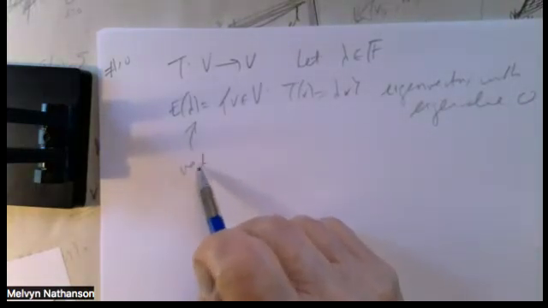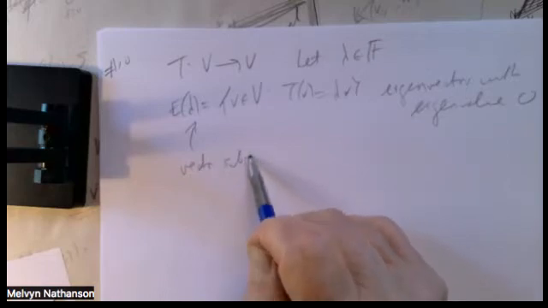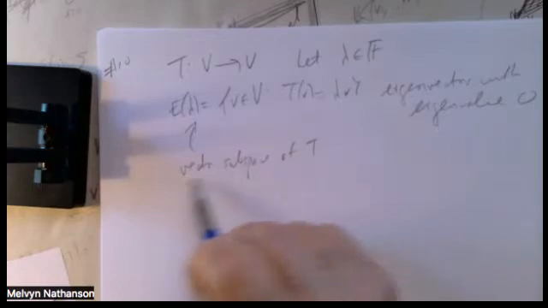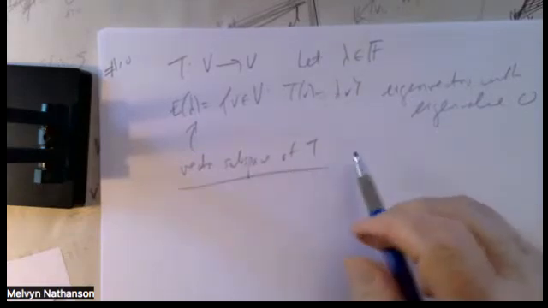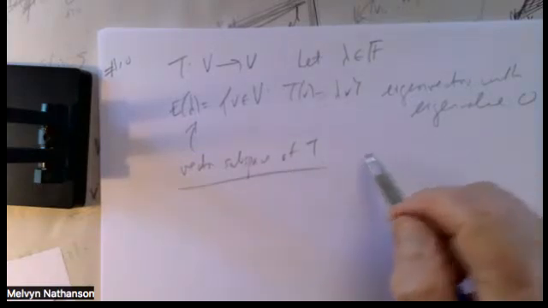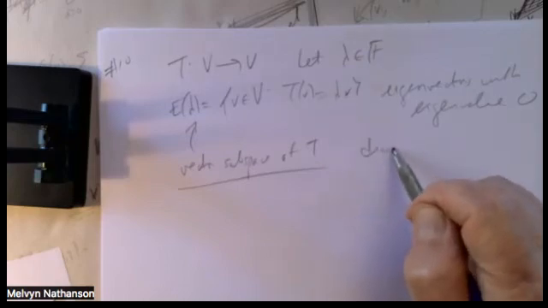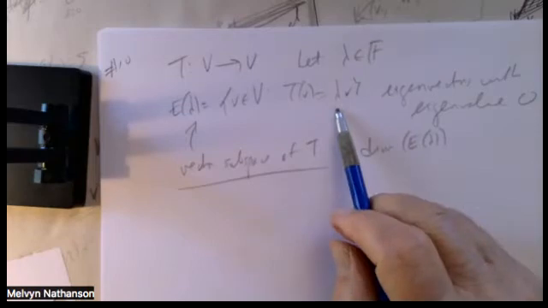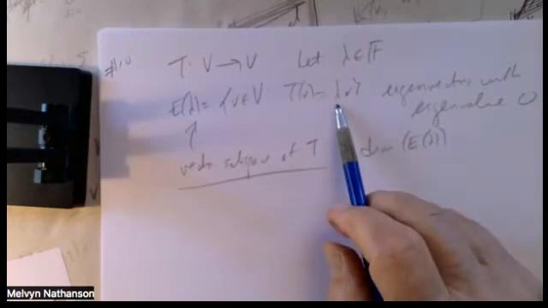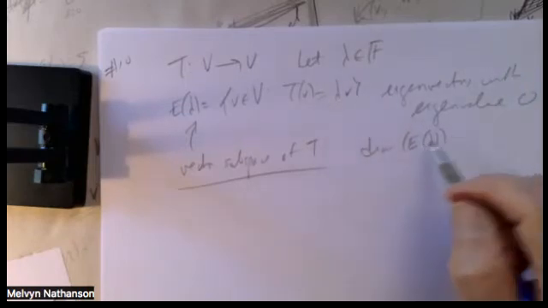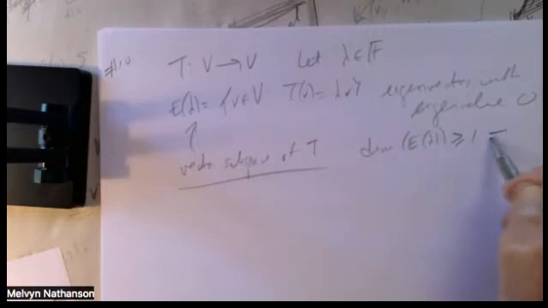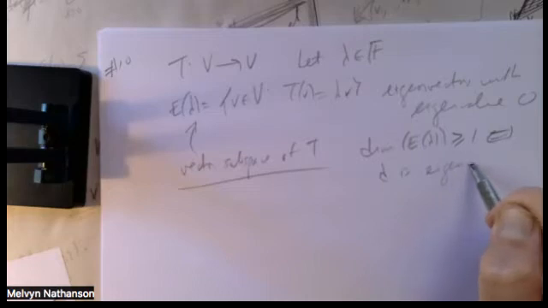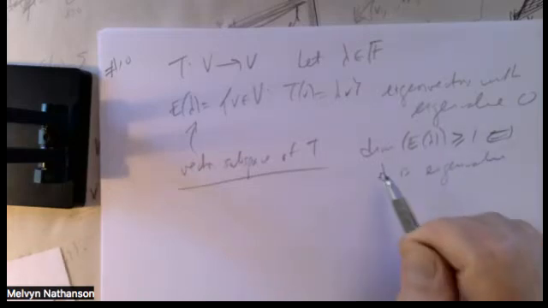This is a vector subspace of V. If E of lambda is just the 0 subspace, it means lambda is not an eigenvalue. The dimension of this subspace is at least 1 if and only if lambda is an eigenvalue. It means it has a non-zero eigenvector.